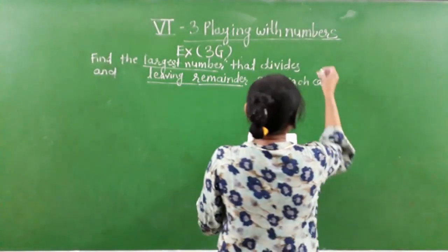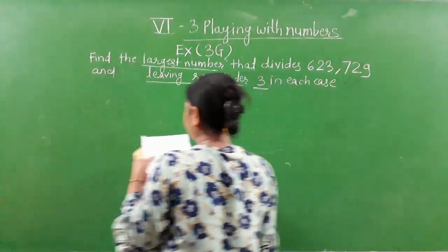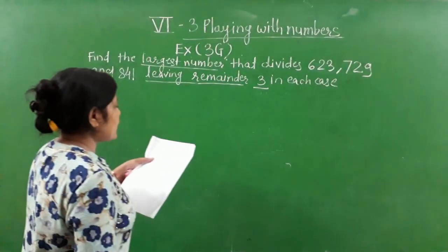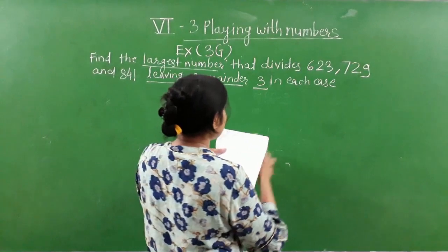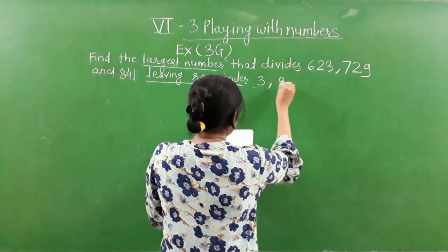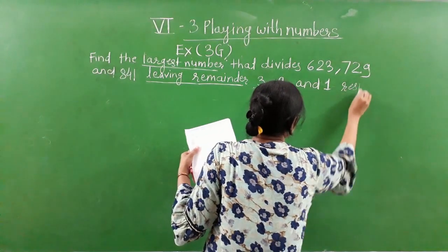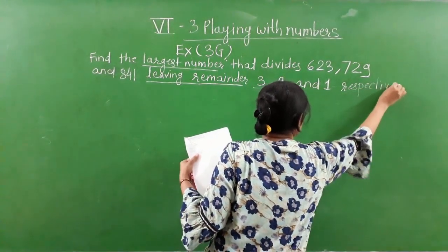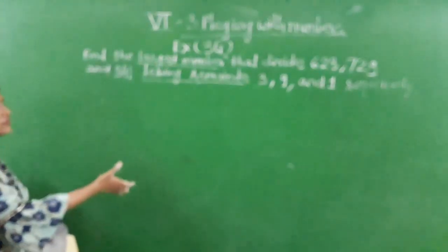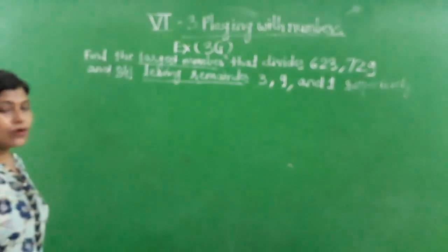Here the numbers are 623, 729 and 841 and leaving remainder 3, 9 and 1 respectively. Okay, so the sum is the same which we earlier discussed, but here the remainder is different for each number.